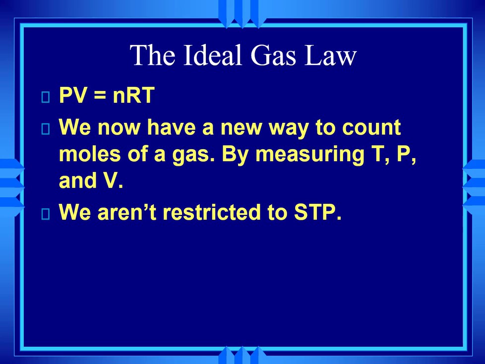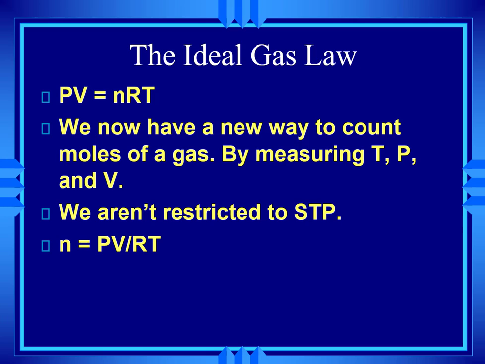If it was a gas, I could measure its volume, and if it was at STP, I could use 22.42 liters for 1 mole. But now I can do n equals PV over RT. Just divide both sides by R and T.